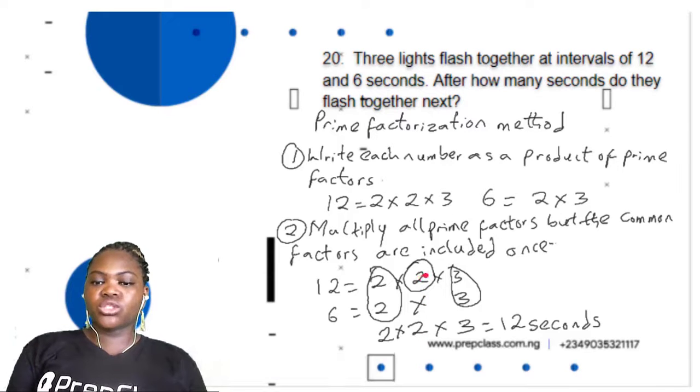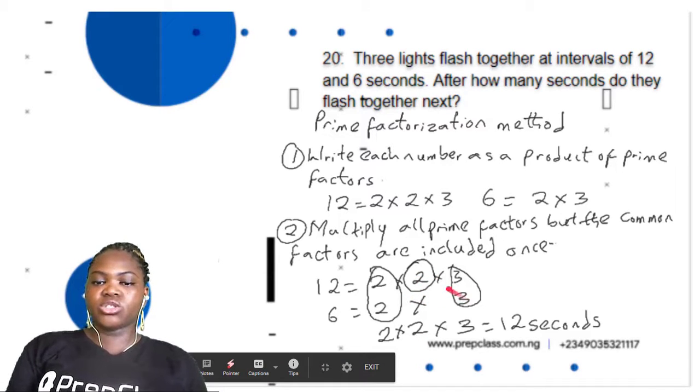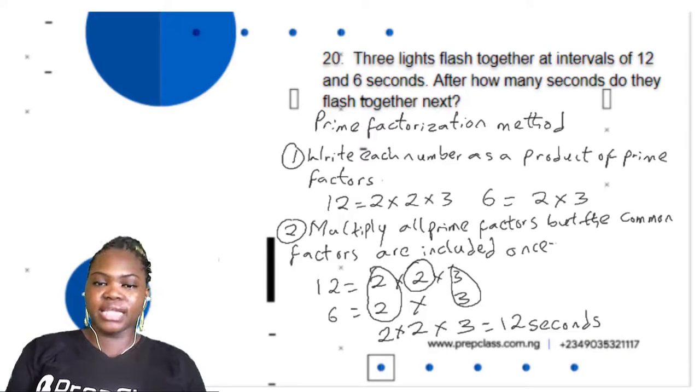Then we have just one 2 here, we don't have any other 2 here, so we write down this 2 as well. Then we have 3 and 3 here, so they are common factors, so we write it just once. So now we have 2 multiplied by 2 multiplied by 3, which is equal to 12 seconds. So the number of seconds this light flash together is 12 seconds.